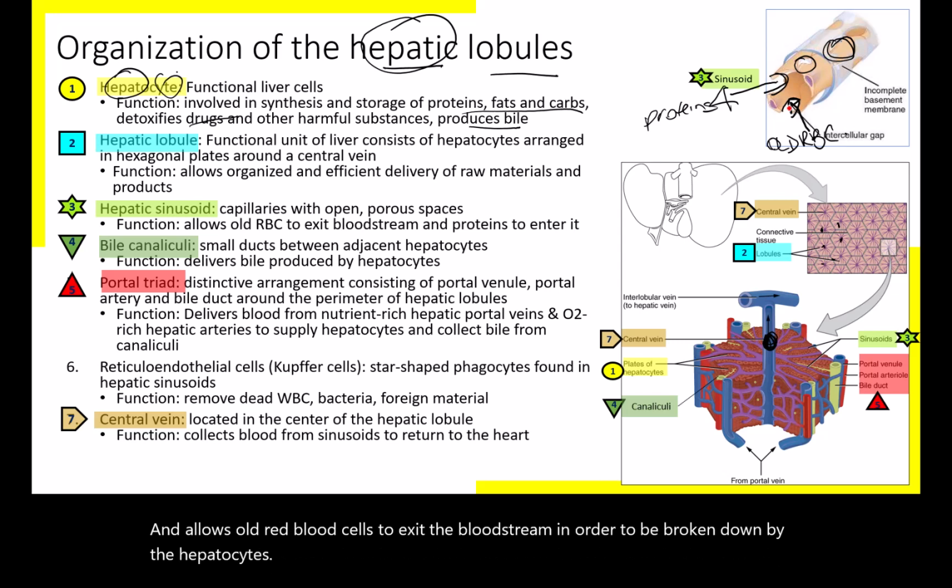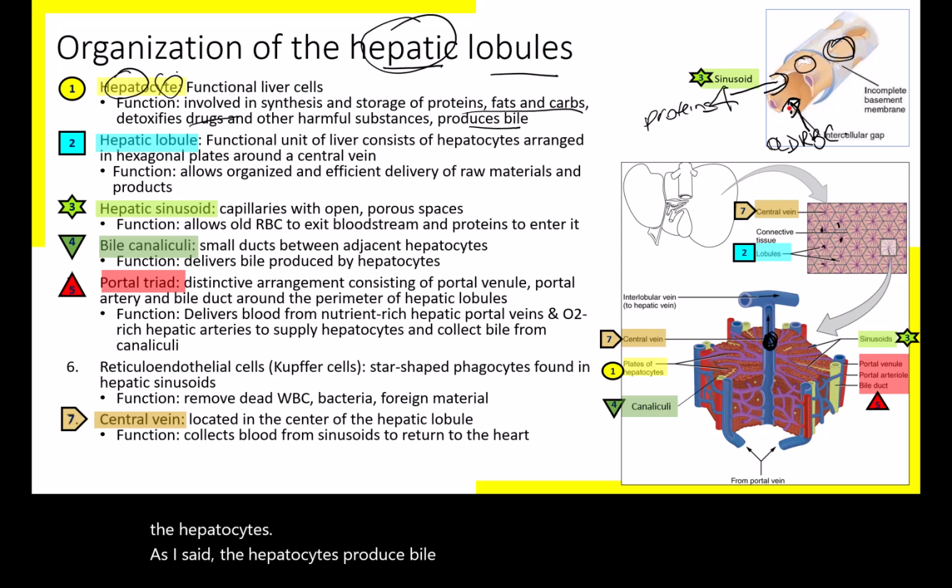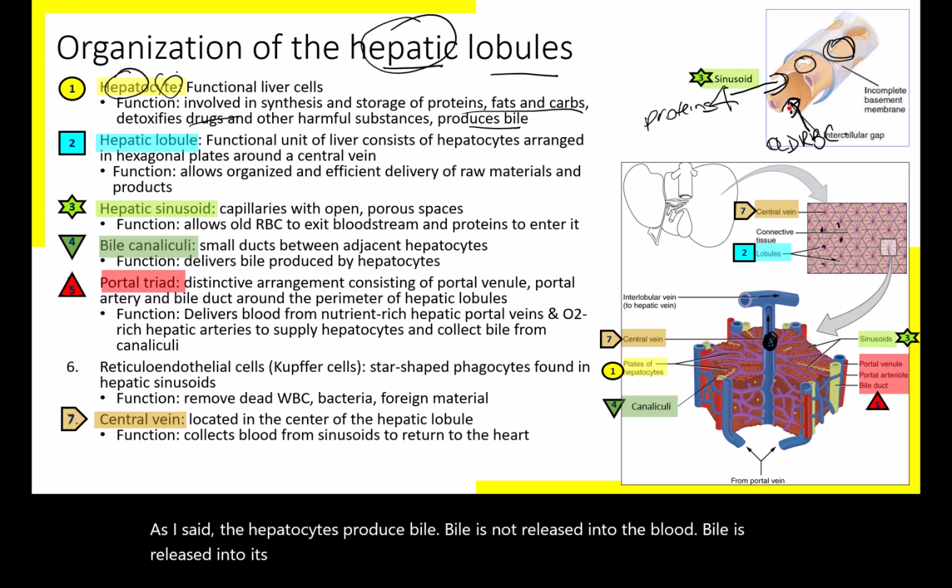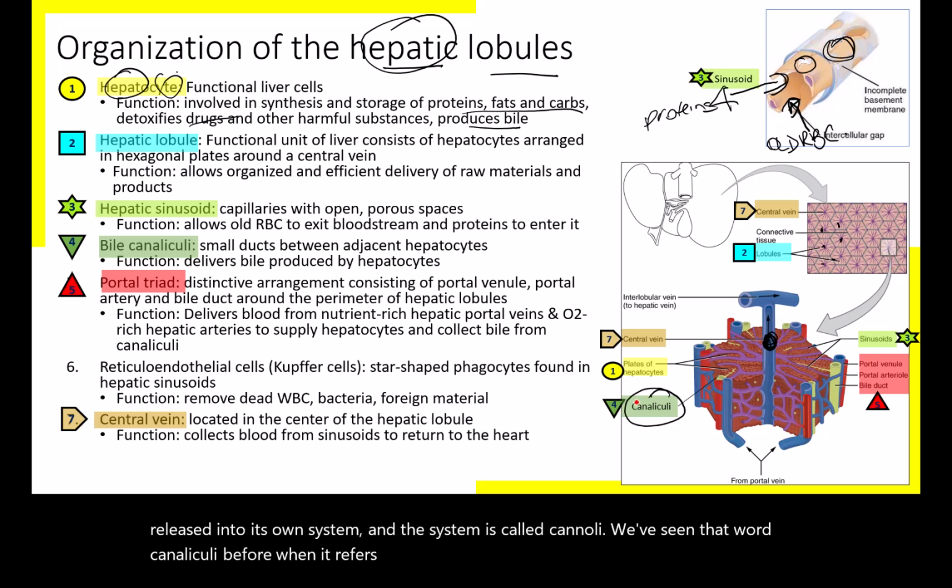As I said, the hepatocytes produce bile. Bile is not released into the blood. Bile is released into its own system, and the system is called canaliculi. We've seen that word canaliculi before when it refers to the connection between cells in mature bone.